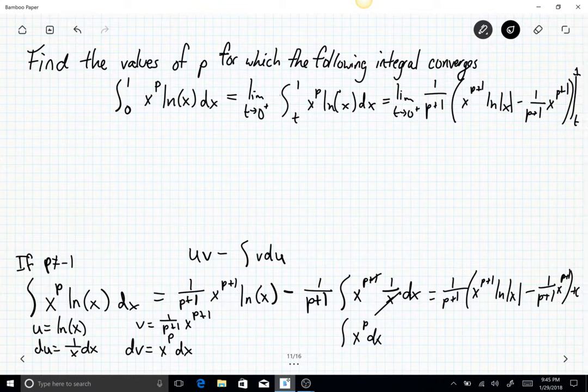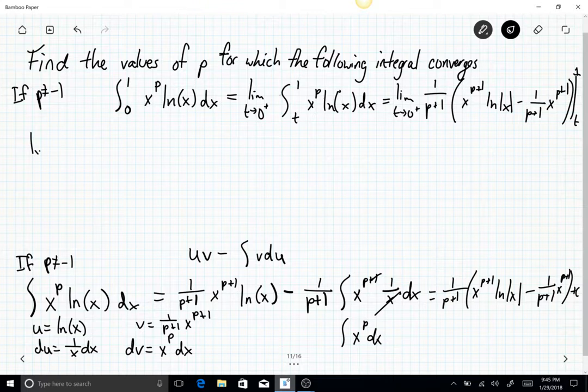Okay. Hopefully that makes sense on that part. And once again, I'm doing this if p does not equal -1. I'm going to make it an exercise if p equals -1, because that'll be a slightly different integration by parts.